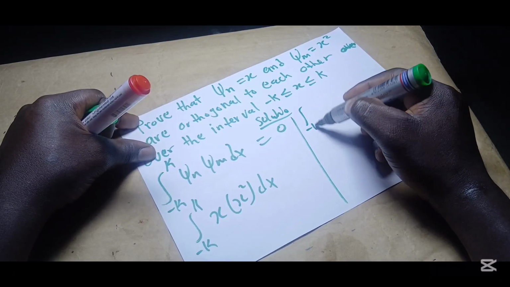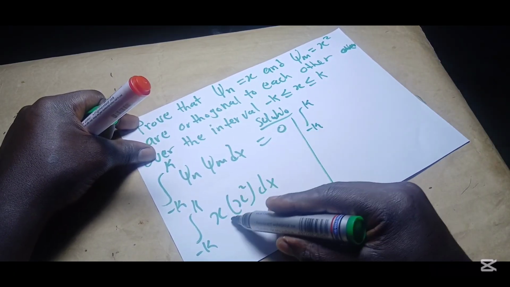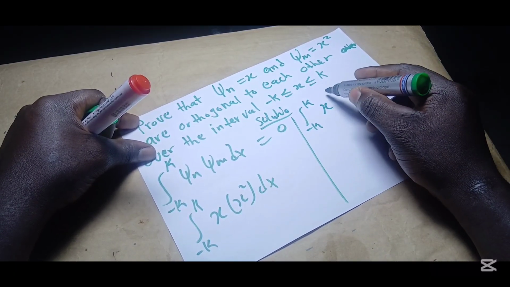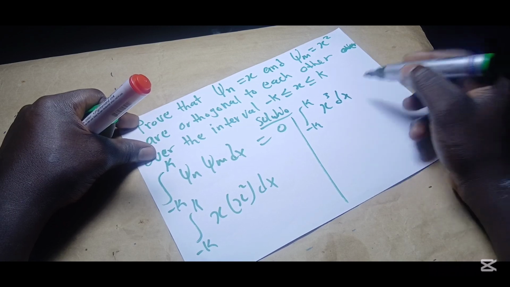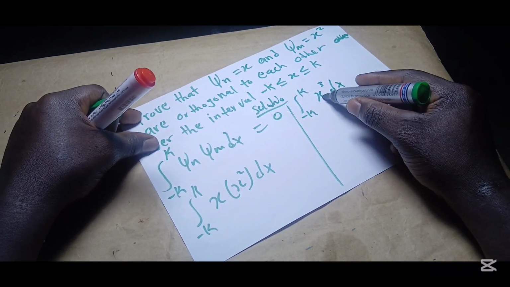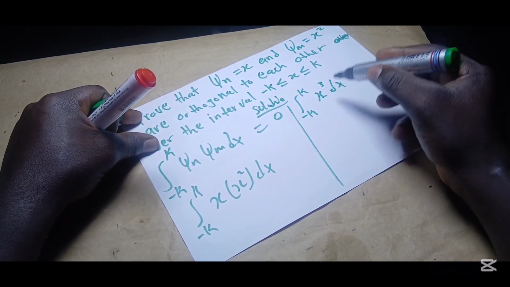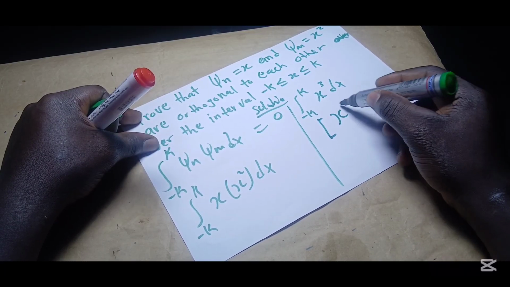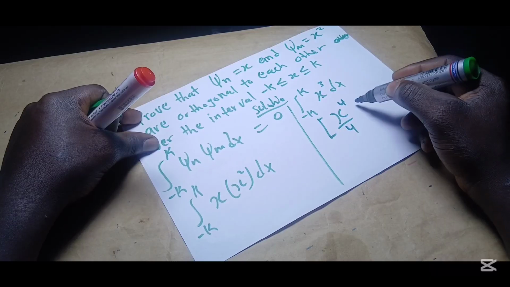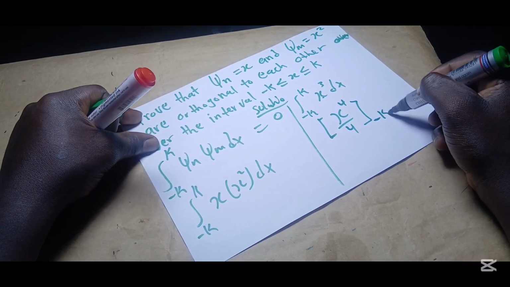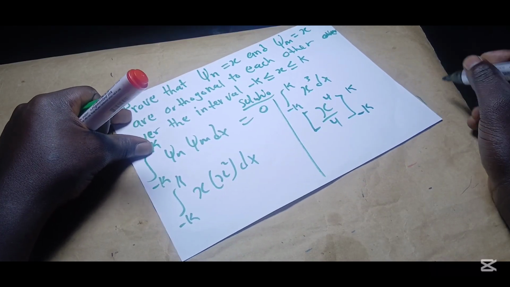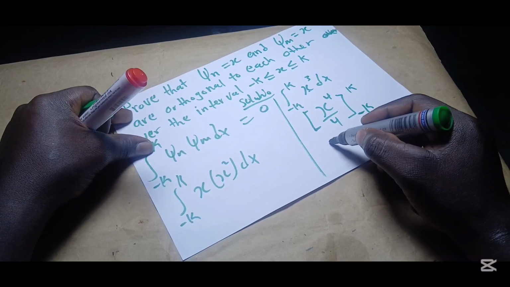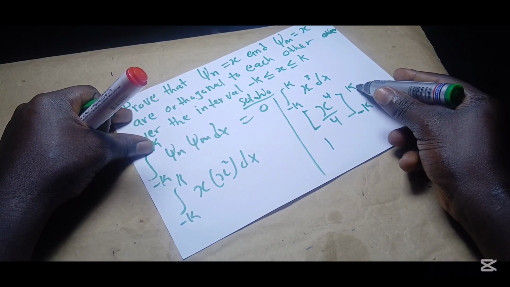So integral from negative k to positive k, x multiplied by x squared gives us x to the power 3 dx. So integrating x to the power 3, the power will increase by 1, then we divide everything by the new power. So x to the power 4 over 4. The limit of integration is minus k to positive k. So we now put in the upper limit. Wherever we see x, we replace it by k.